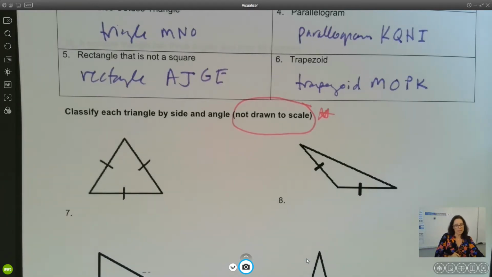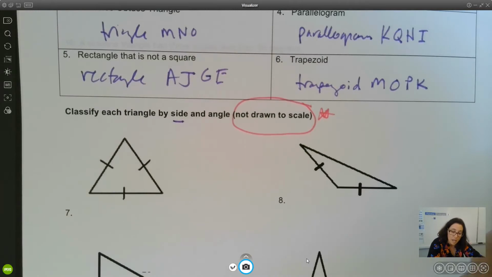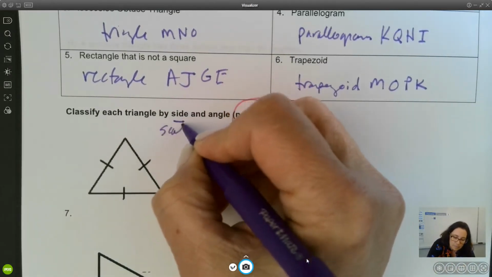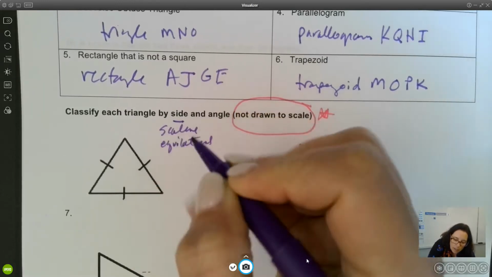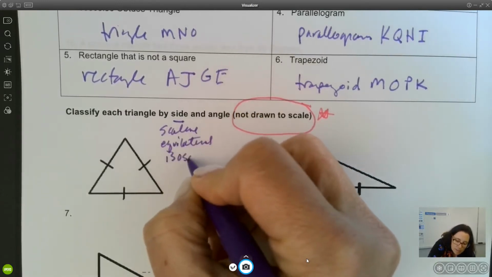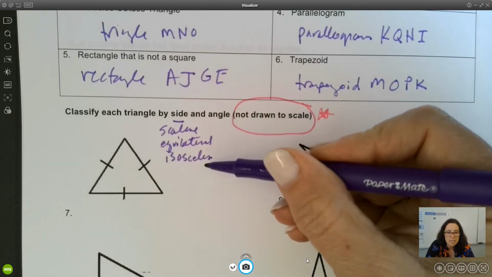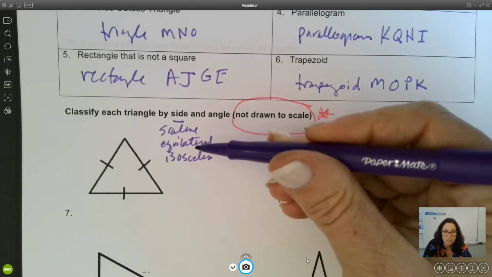So if we're going to classify this by sides, remember by sides, that was scalene, equilateral, and isosceles. Please remember an equilateral triangle is an isosceles triangle, but an isosceles triangle is not an equilateral triangle.